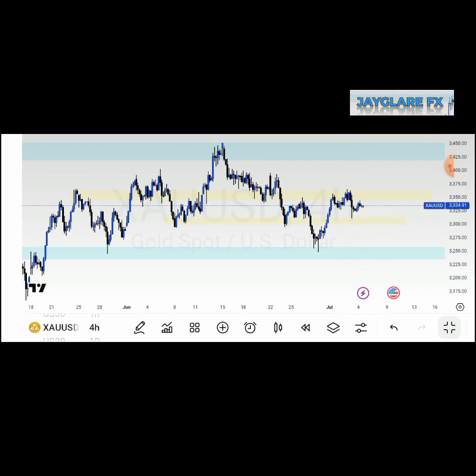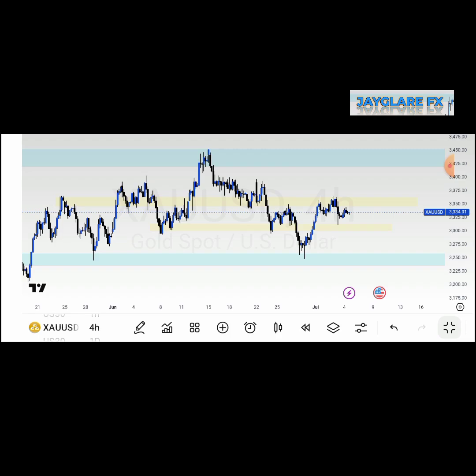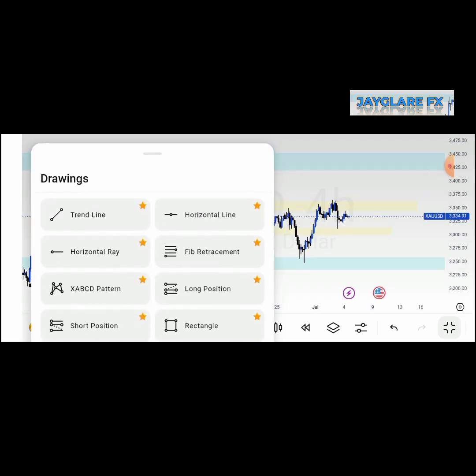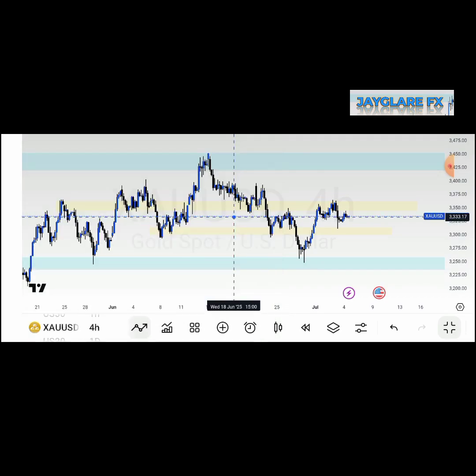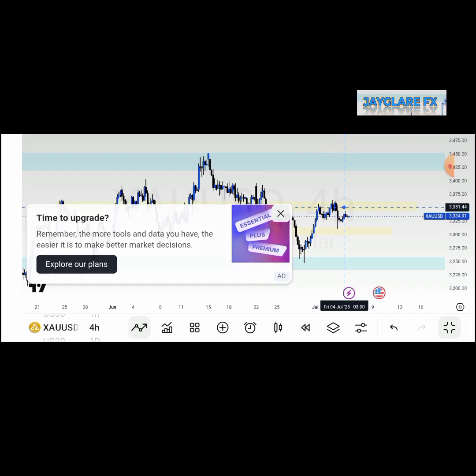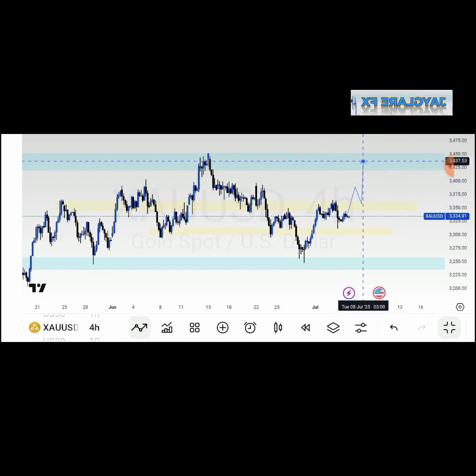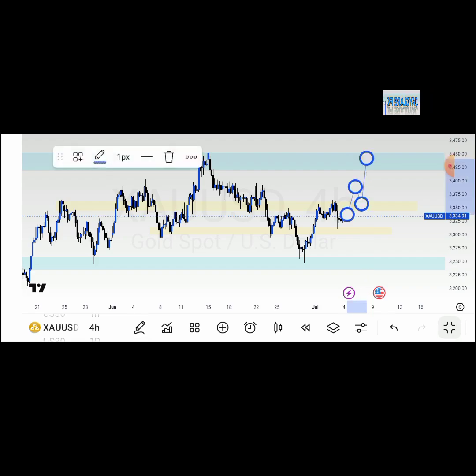All right, so what I'll be expecting on this time frame on gold is that, you can see that this is the recent high here. So if the market breaks here and retests like this, then I'm going to long gold to this place. We'll buy gold to this level.